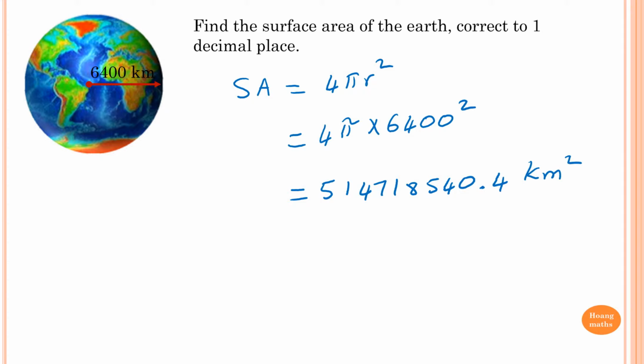Now to read this, you can break this number up. 1, 2, 3. You break it up. 1, 2, 3. Break this up. And this is hundreds. This is thousands. And this is million. So 514,718,540.4 square kilometers, if you like.